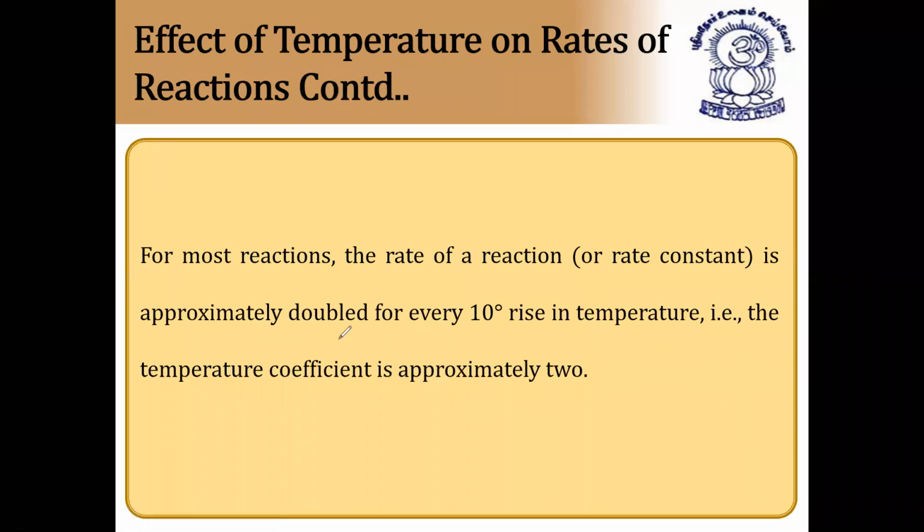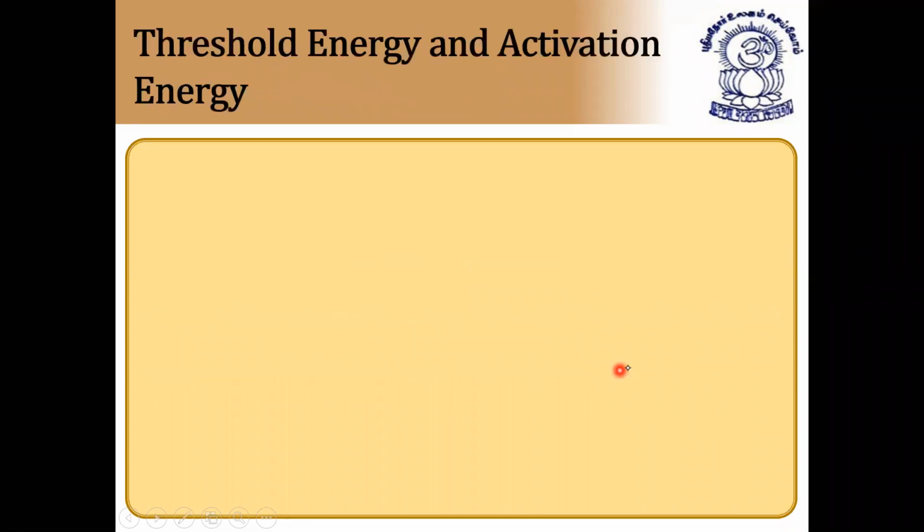For every 10 degrees rise of temperature, Kelvin or degrees C, the rate constant is approximately doubled, and the temperature coefficient K(T+10) by K(T) is equal to 2. This is called the temperature coefficient value for most reactions. Hence, we need to take into consideration that for most reactions, the rate of reaction is approximately doubled for every 10 degrees C rise in temperature. I hope it is clear.